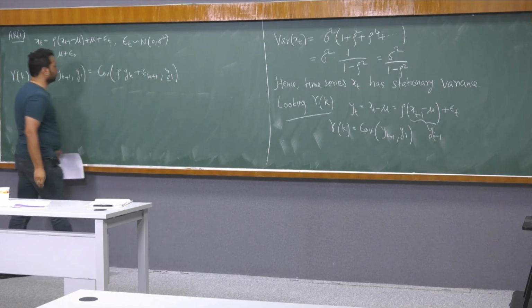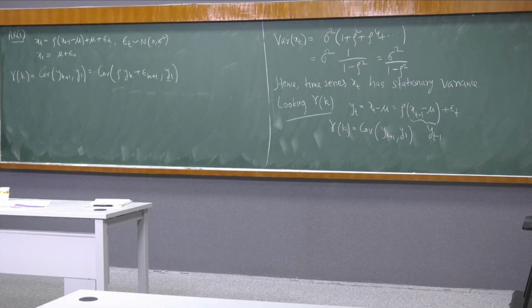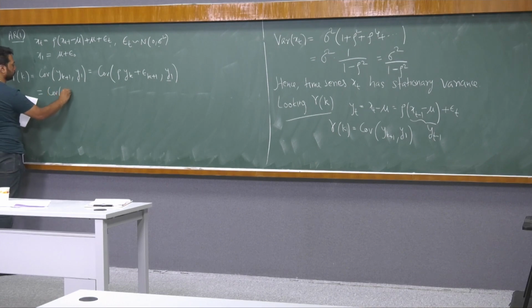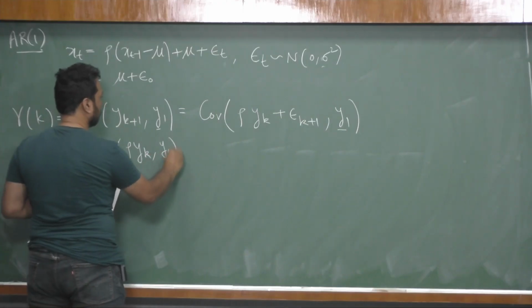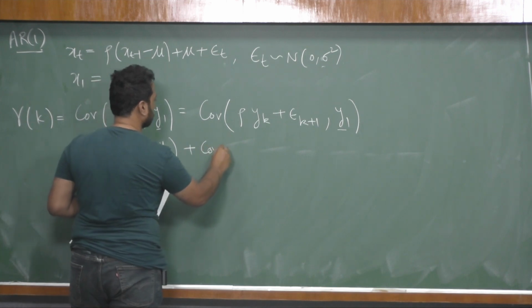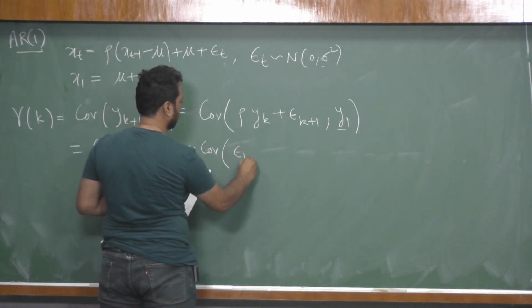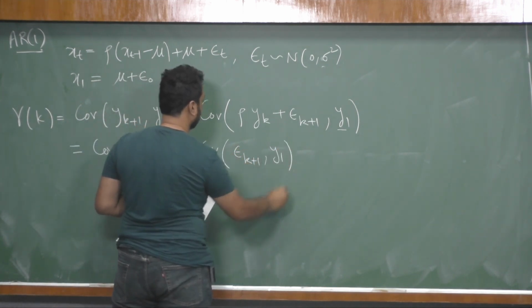So here is our y_1, and now we use the covariance property, and we are allowed to split this. So this is covariance of rho y_k, y_1 plus covariance of epsilon_{k+1}, y_1.